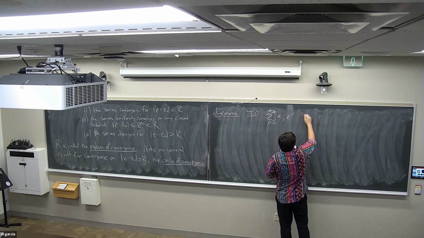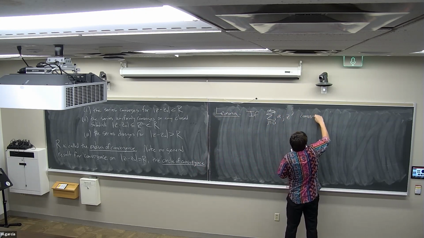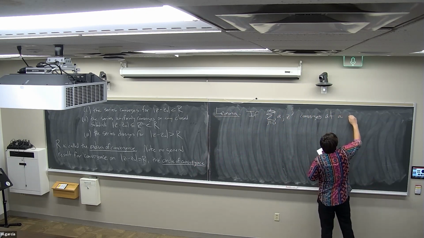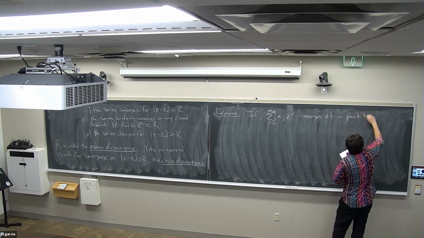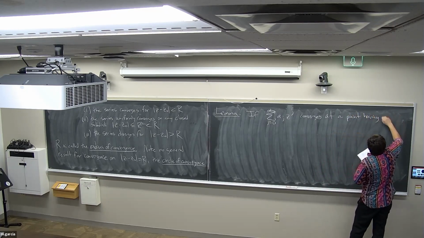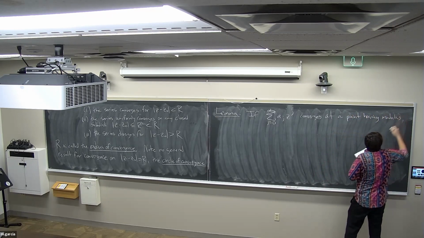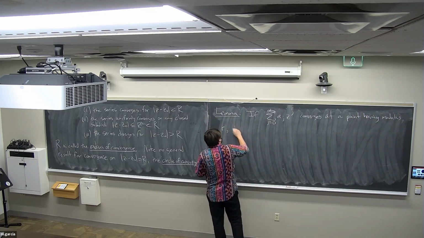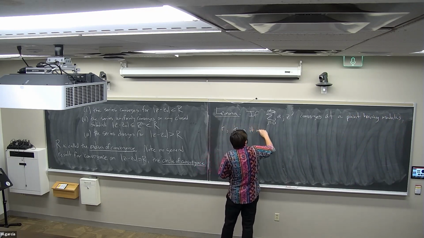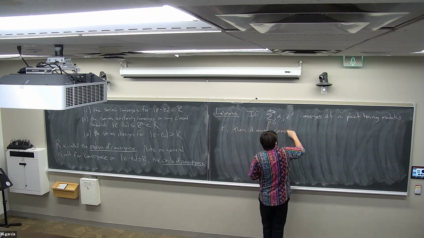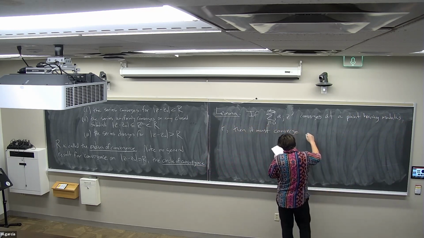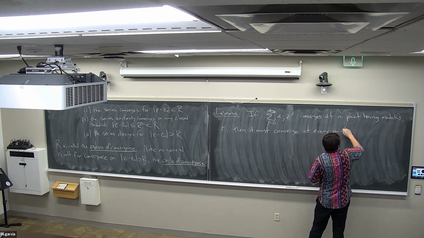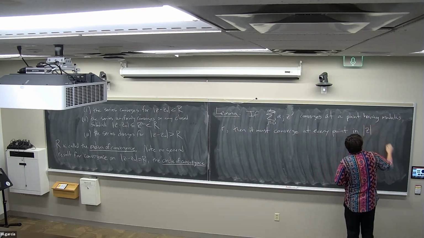And if this power series converges at a point having modulus r, little r, then it converges at every point in this disk.